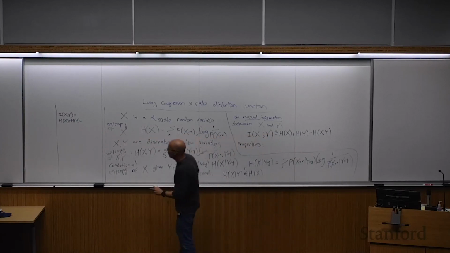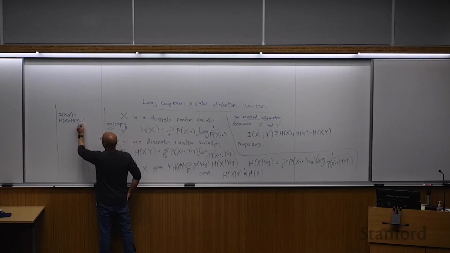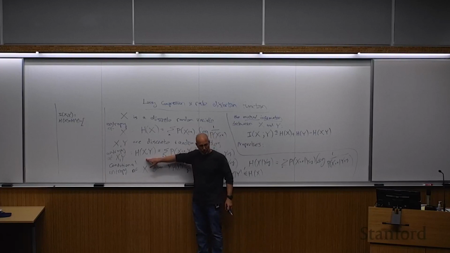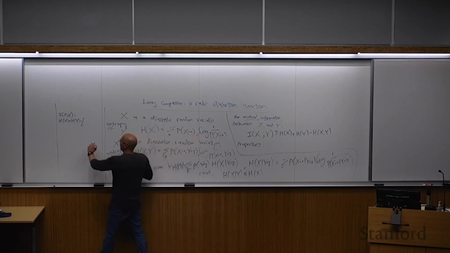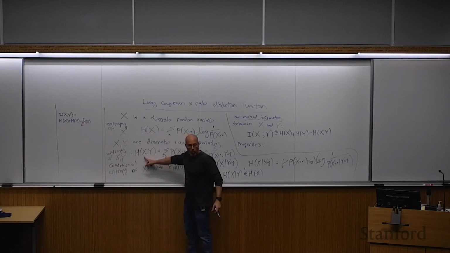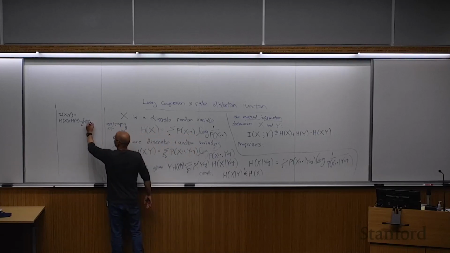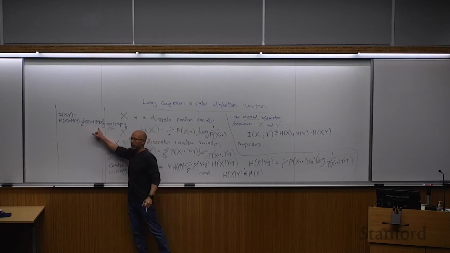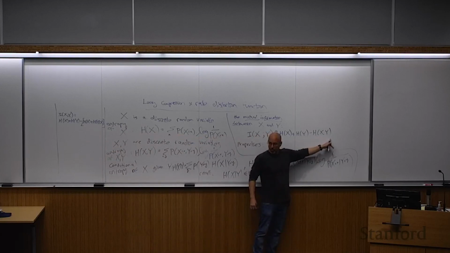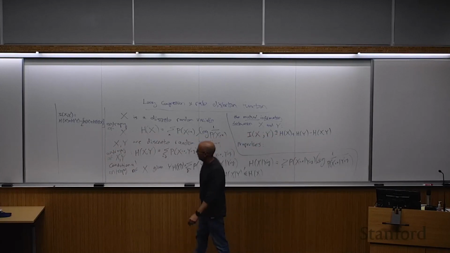And one of the properties of joint entropy you have seen is that it can be decomposed into the entropy of one of them plus the conditional entropy of the other. So this is one way of representing the joint entropy. Everyone okay with this? Great.